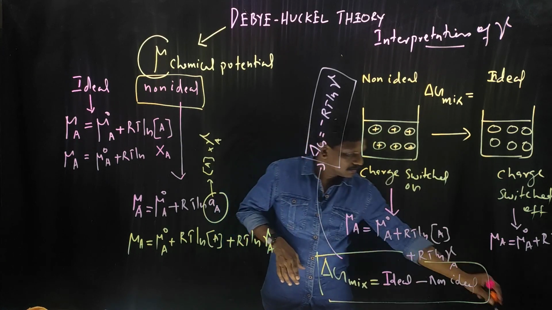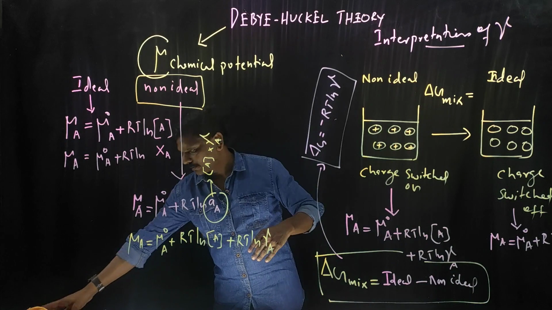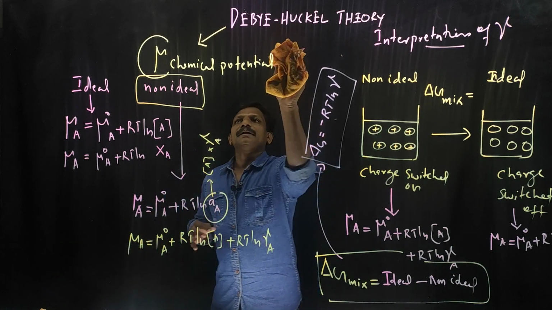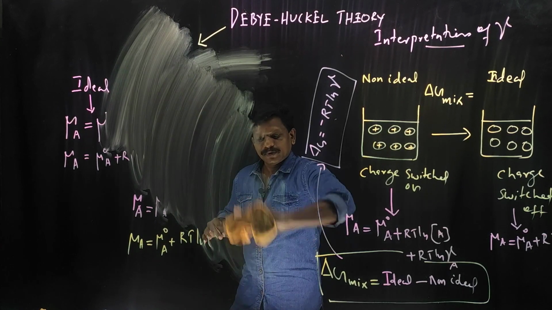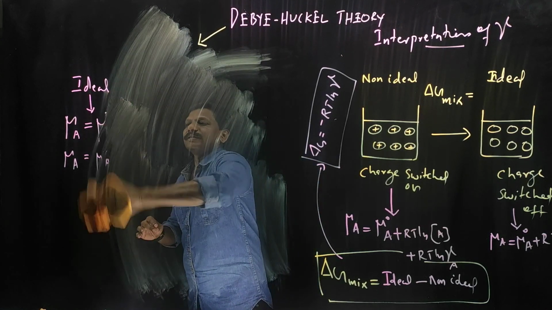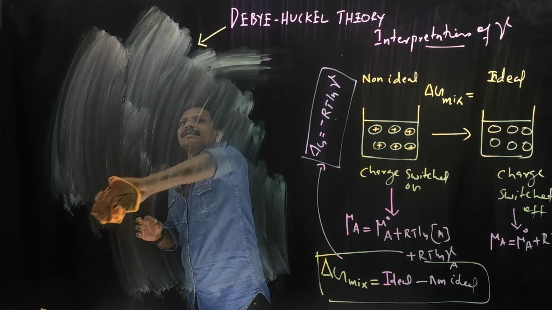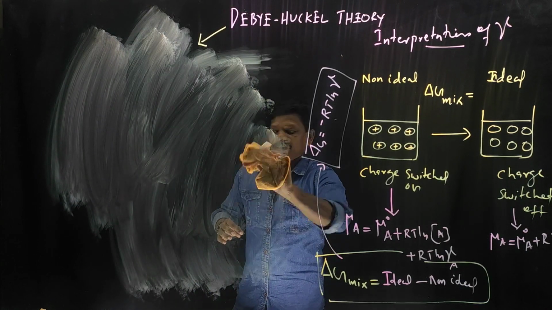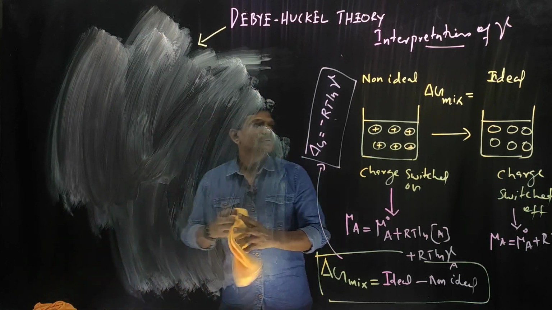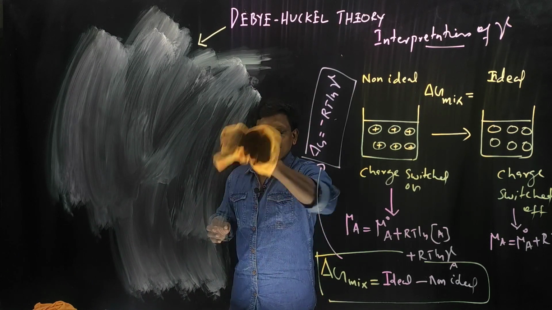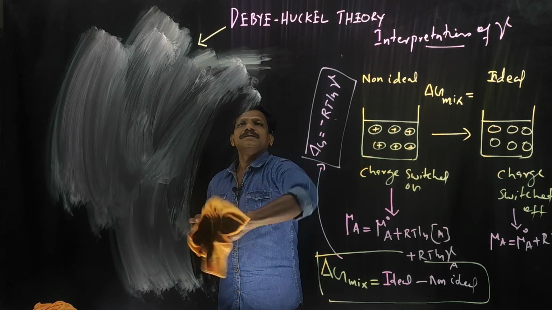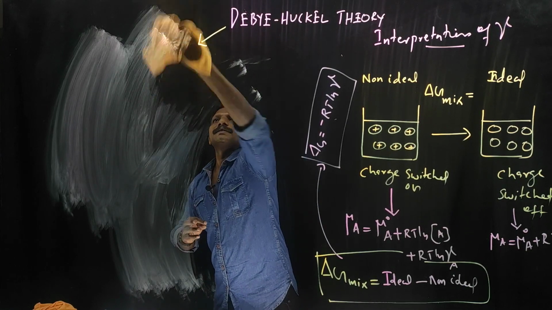Then we will further discuss this factor and our real situation, that means electrolyte solutions. I told you that electrolyte solutions behave just like non-ideal solutions. So the ideal case here is simply a hypothetical case, that means the charge switched off case.